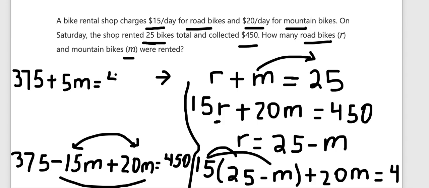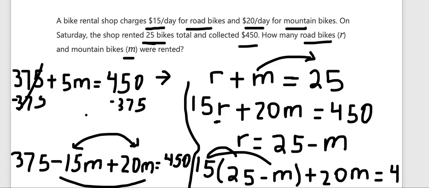I have to get rid of the 375. And when I get rid of the 375, I'm going to subtract 375. So I subtract 375 from here. That will cancel it. And when I subtract 375 from here, I get 450 minus 375, and that gives me 75.